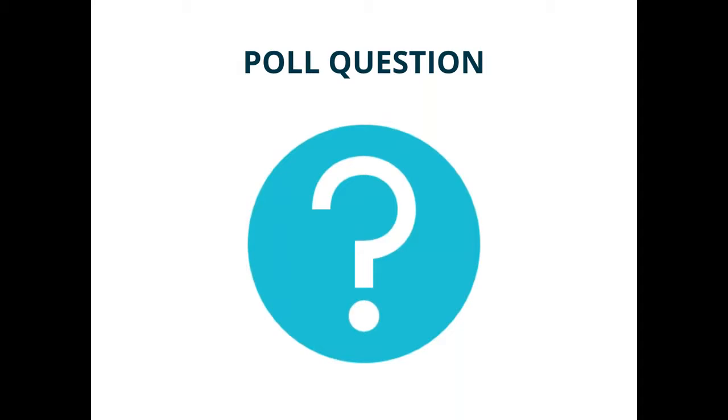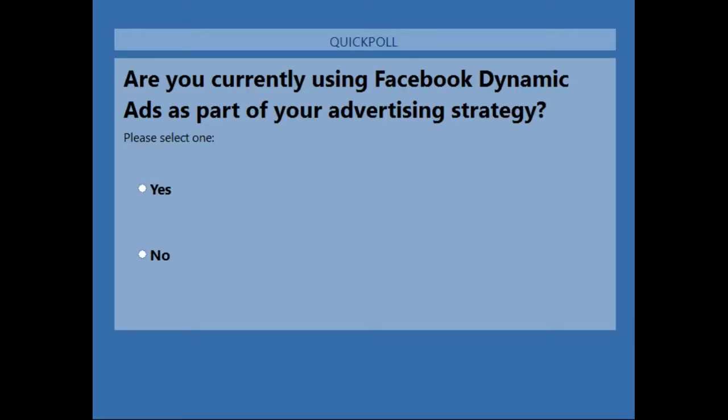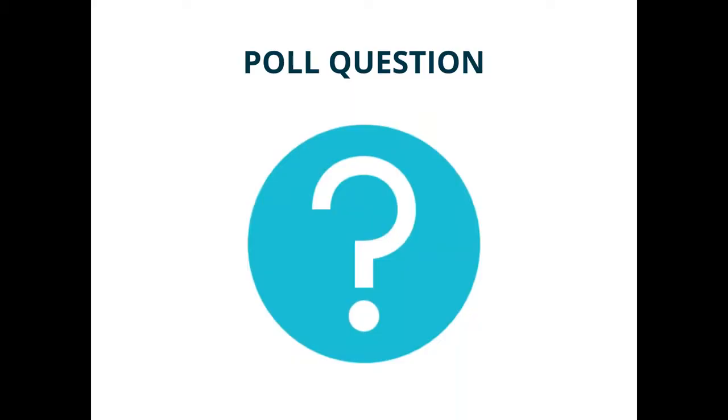Great, thanks, Sarah. So last thing before we get started for today, we're 6 minutes in, but let's have a poll question to get things started. Sarah and Peter, this will give you a sense of the audience for today. Are you currently using Facebook dynamic ads as part of your advertising strategy? Yes, no. This will help Sarah gauge who she's speaking to and how she presents the content for today. So maybe just shoot that over in the chat box.